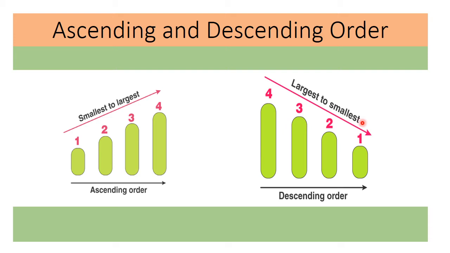Let us revise once again: ascending order is the same as increasing order, where the numbers are arranged from the smallest value to the greatest value, while descending order is the same as decreasing order, where numbers are arranged from greatest value to the smallest value. I really hope that the concept of ascending and descending order is absolutely clear to all of you.